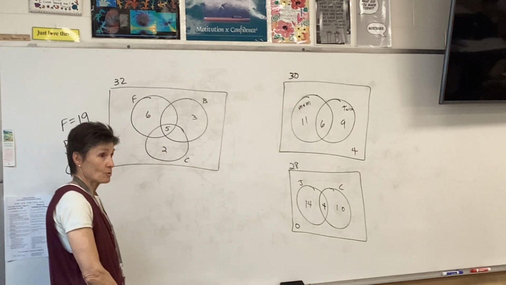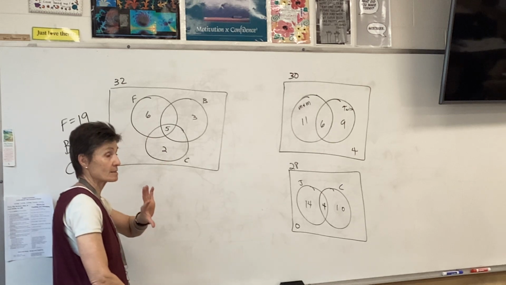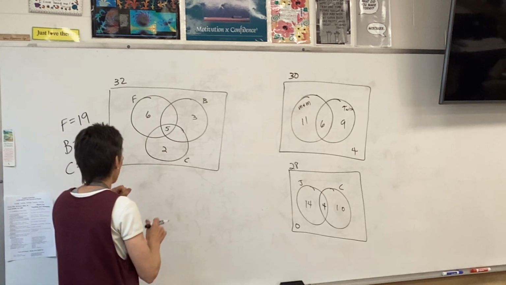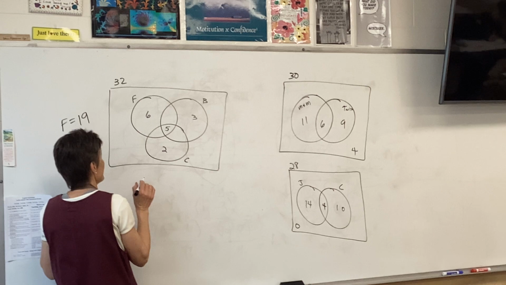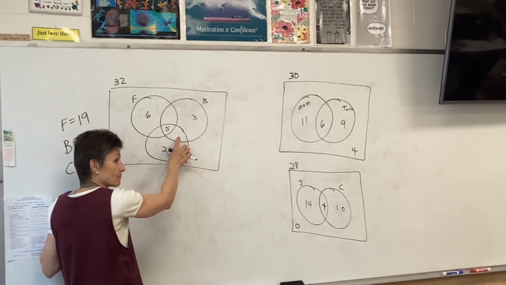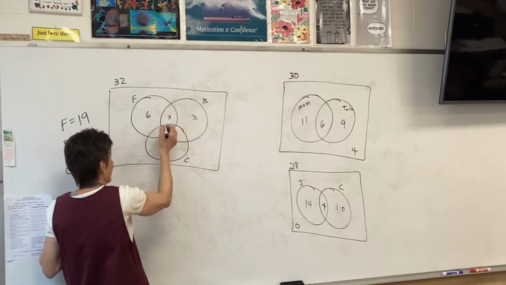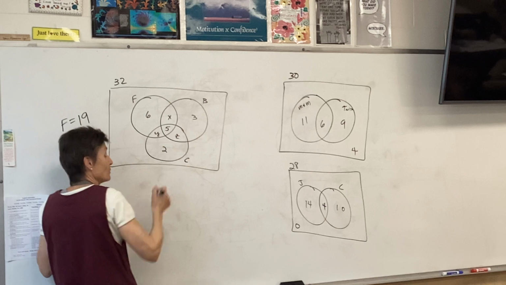Now, in order to answer questions, we need to fill in the missing areas. I have no idea, and it doesn't tell me what these sections are. So for the time being, I'm gonna call them X, Y, and Z. I do not know what they are.